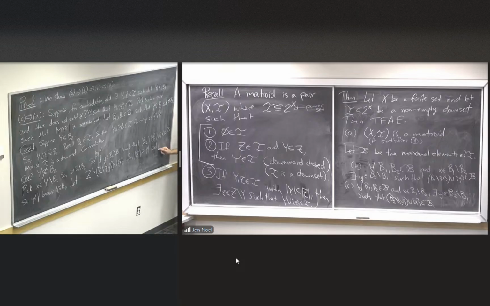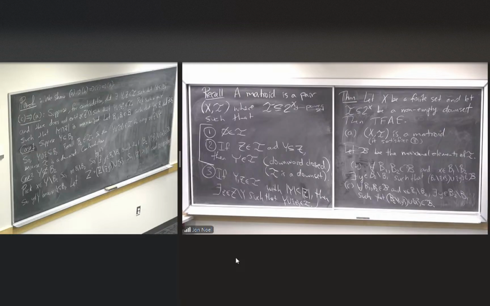And if I look at the intersection of z prime and y, it's bigger than the intersection of z and y. This property comes from the fact that z was bigger than y, and this did not make it any smaller because x came from outside of z. I don't know if y was in z or not, but I don't really care. At worst, this just got bigger, right?